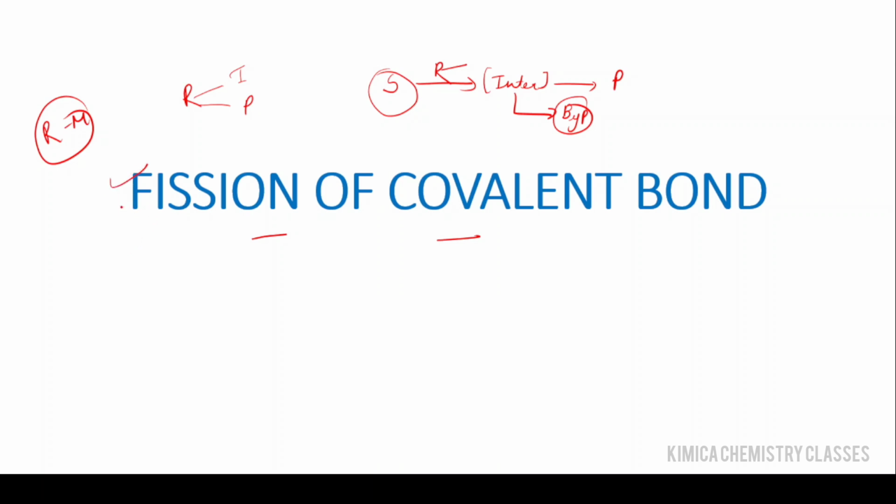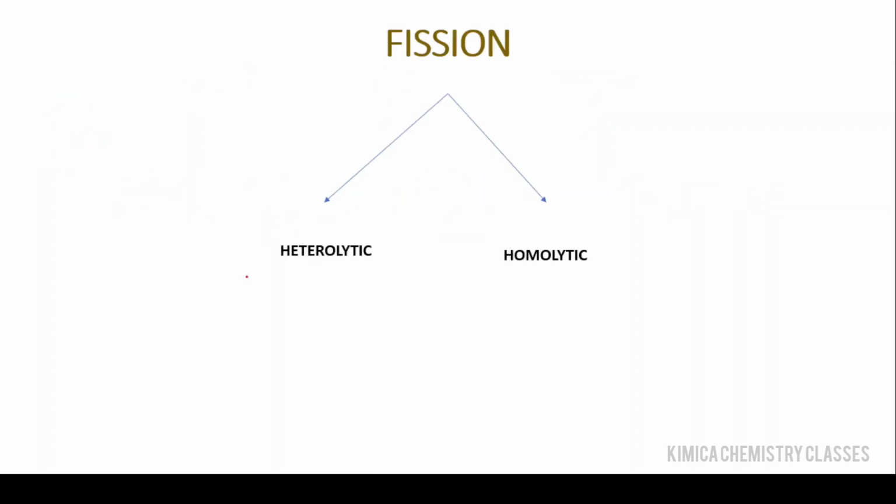As you know, a covalent bond can be cleaved either by heterolytic cleavage or by homolytic cleavage. So there are two ways a covalent bond can be cleaved. In heterolytic cleavage, the bond breaks in such a fashion that the shared pair of electrons remains with one of the fragments.